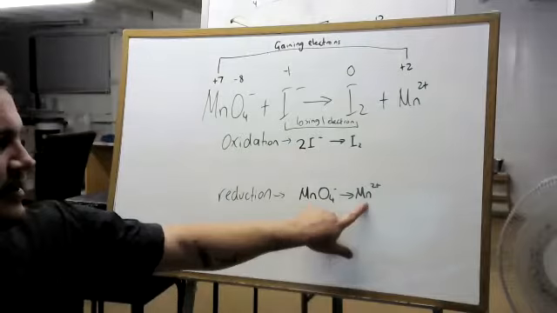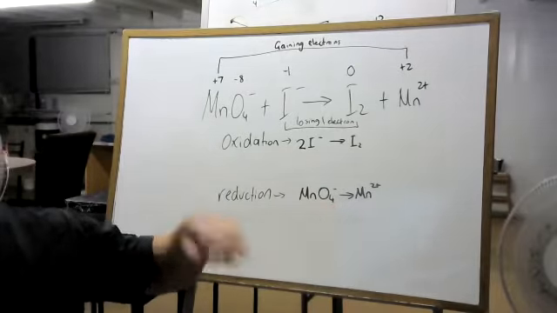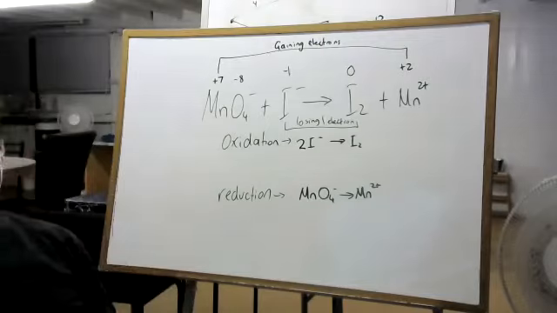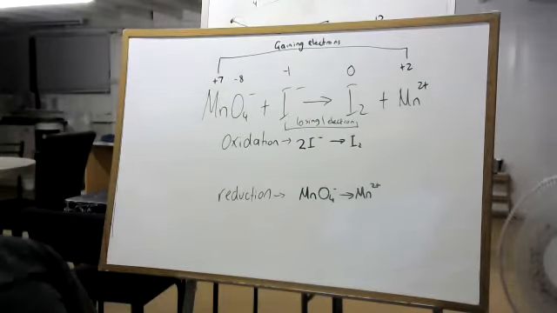The manganese down here is balanced, but the oxygen isn't. So what needs to change there? What can we add to this to balance the oxygens? Remember, we're balancing this in an acidic solution.